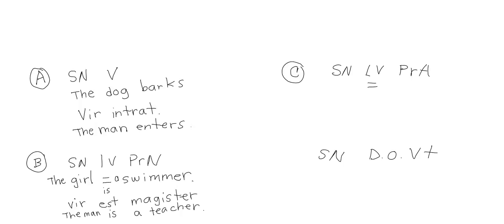So like this might be the flower, write it tiny, equals pretty. Some daffodils on my counter and they're very pretty. And so the equal sign verb in English is "is." The flower is pretty. And there's a SNLVPRA pattern. Perfect.